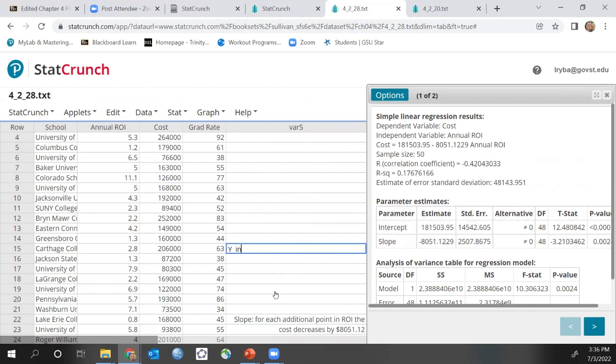For the y-intercept, we would say when ROI is 0, the cost is whatever that y-intercept value is. So this one here, $181,503.95.